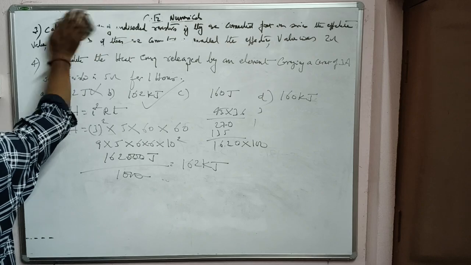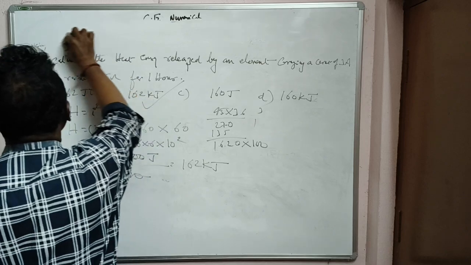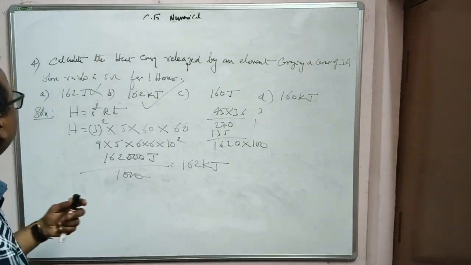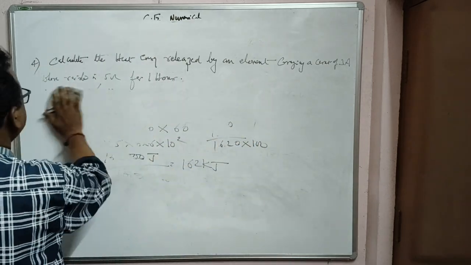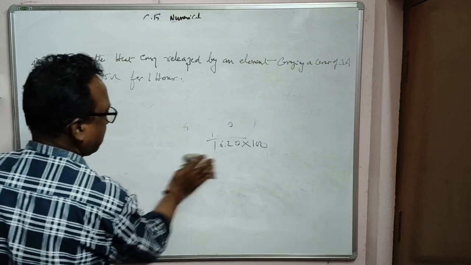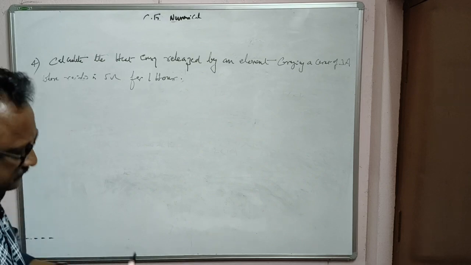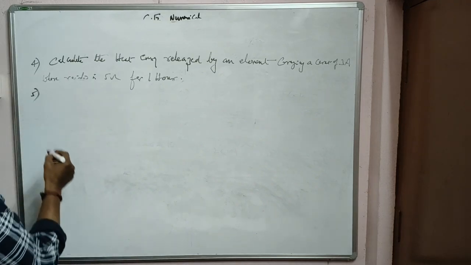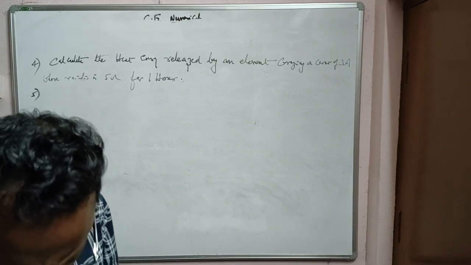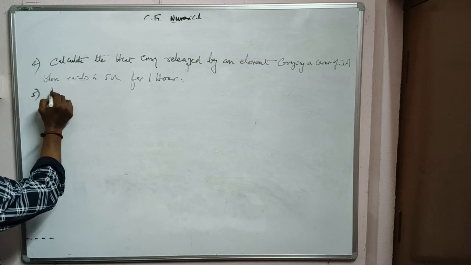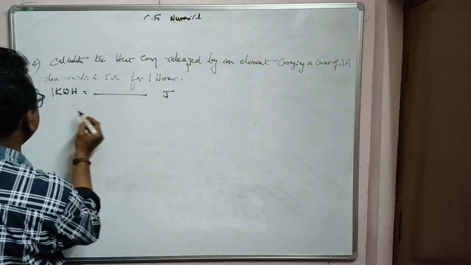Okay, fourth one. Now let us go to the fifth one, the fifth numerical in current heating. Note it down, please. Now in this fifth problem, he has given 1 kilowatt hour is equal to dash joules.